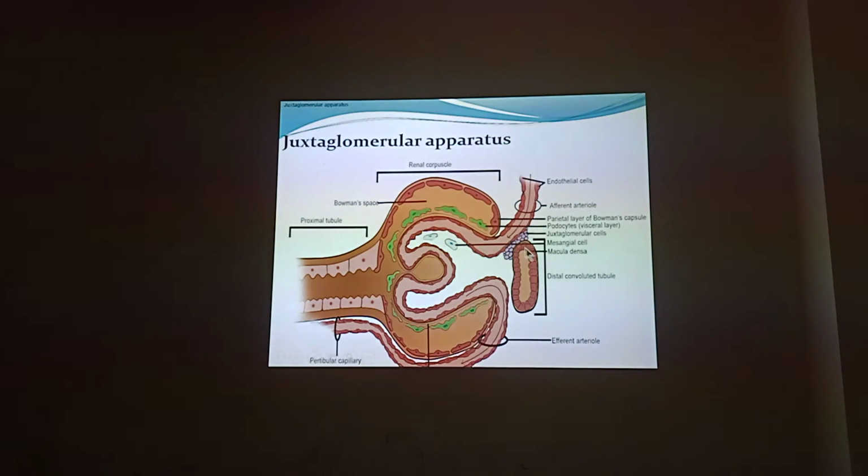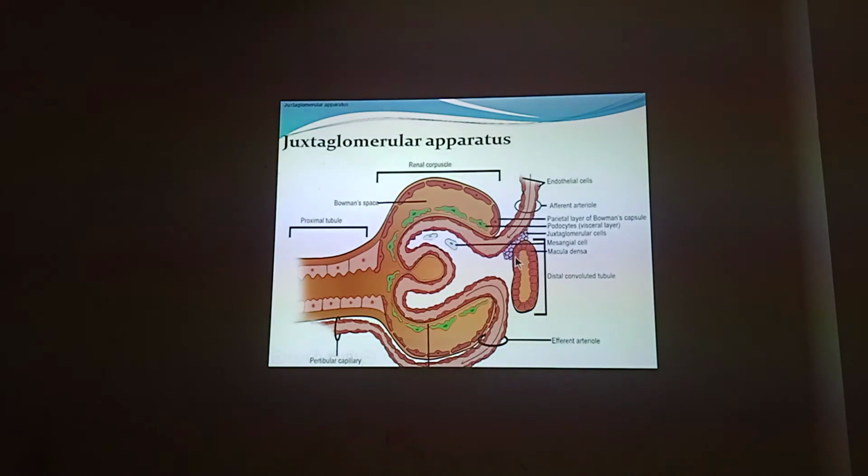And distal convoluted tubule, the part of distal convoluted tubule which comes into contact of afferent arteriole. It is normally lined by simple cuboidal cell. Here you can see simple cuboidal cell, but at this region only it differentiates into simple columnar variety.